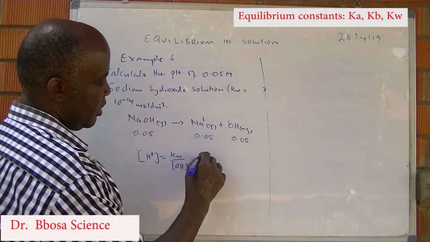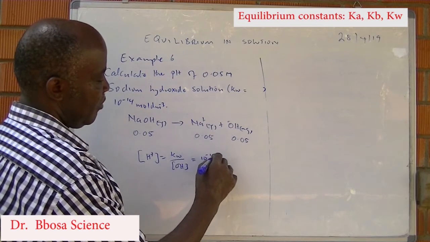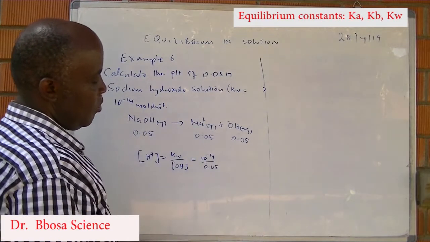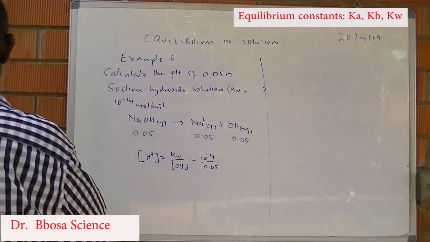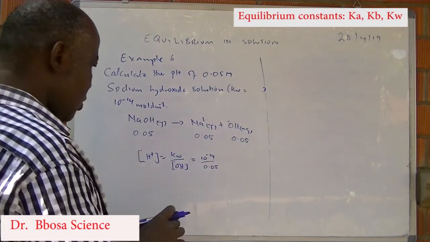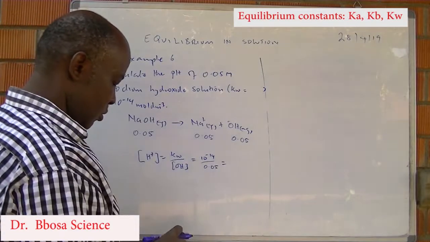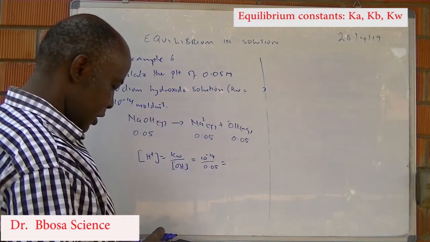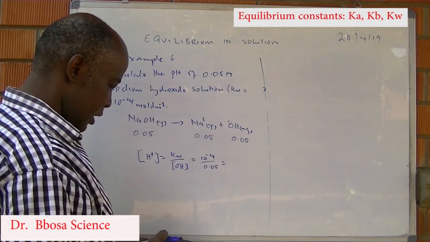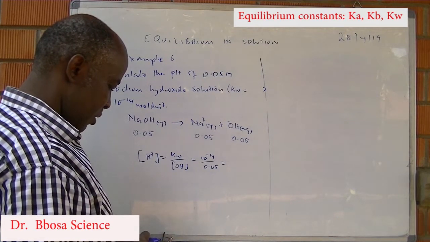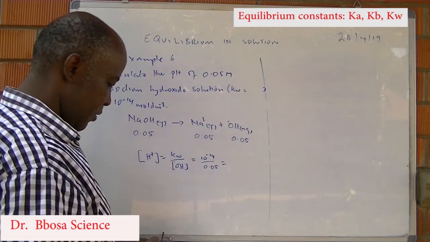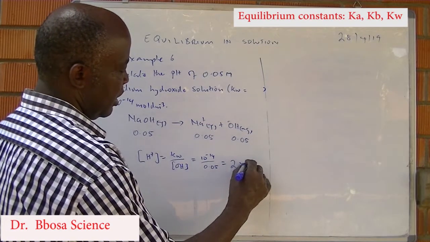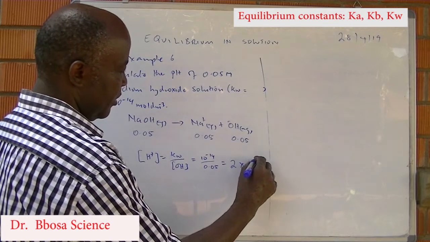Again, the concentration of hydrogen ions is equal to Kw over the concentration of hydroxide ion, which is equal to 10 to the power negative 14 divided by 0.05, which is equal to 2 times 10 to the power negative 13.